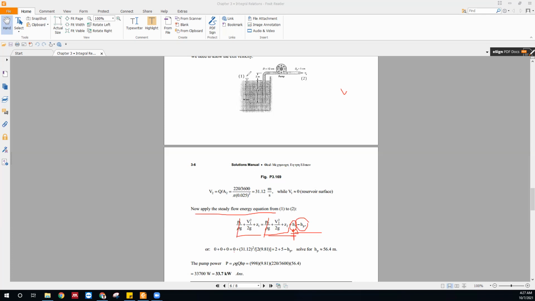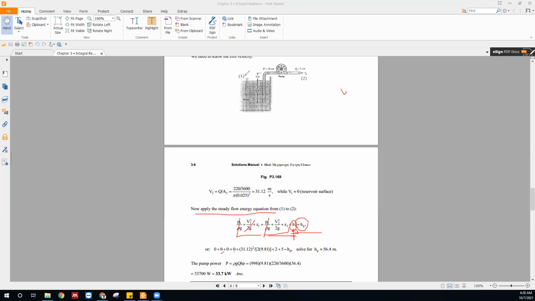V1 square: at position 1, we assume the reservoir fluid is in stagnant condition, unmoving. There is no velocity of water in this position. So if the velocity of water is 0, that term is also 0.